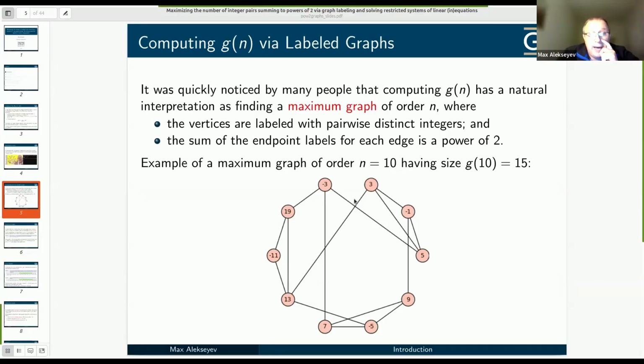We want this graph to have a labeling of its vertices with pairwise distinct integers, such that if we consider any edge and sum up the labels from its endpoints, then we will always get a power of 2. Here is an example of such a graph of order 10, whose size is 15, so we have 15 edges. You can quickly check that indeed for each edge in this graph, the sum of labels at the endpoints of that edge is a power of 2, and that all labels are pairwise distinct.